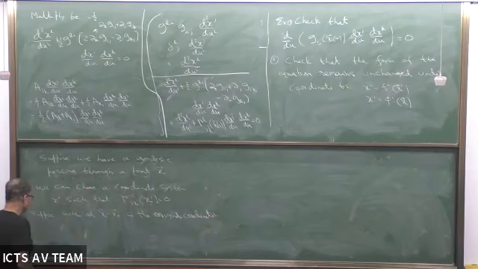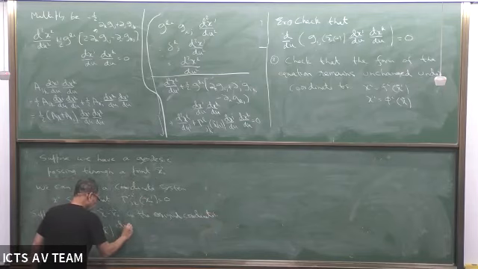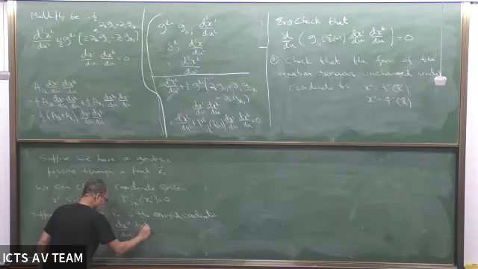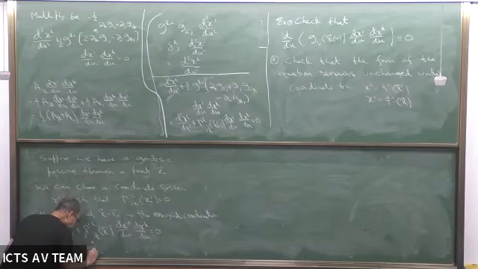Then in the new coordinate system, we have d2x prime L, this one is of order u minus u naught.